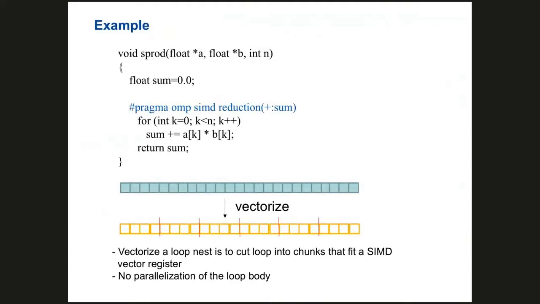So here is a basic example to explain how it is supposed to work. For example, you have an array in a loop, and the idea is to cut the loop into chunks that fit in SIMD vector registers.